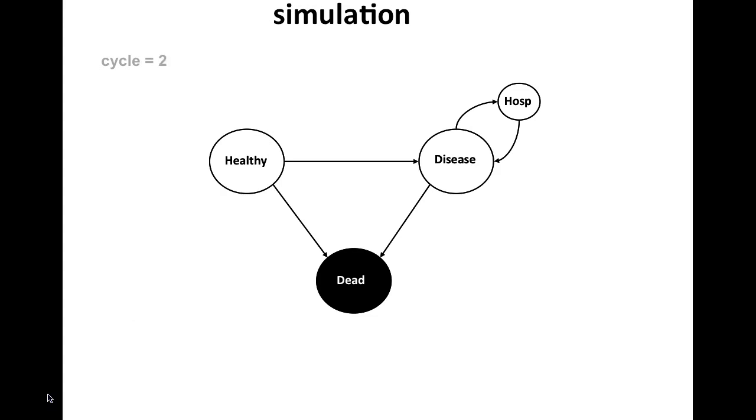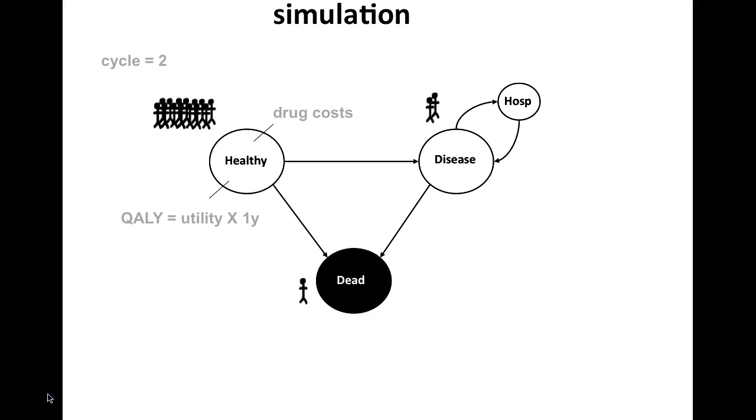After that, the model leaps forward 1 year to cycle 2. Now, some individuals of the cohort have developed a disease and have therefore moved to the state disease, and some have died. The costs and effects from the state healthy are as during cycle 1, costs for the drug and total QALYs. But during this cycle, they will be a bit smaller, since the number of individuals in this health state now has decreased.